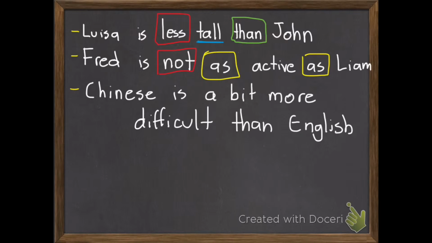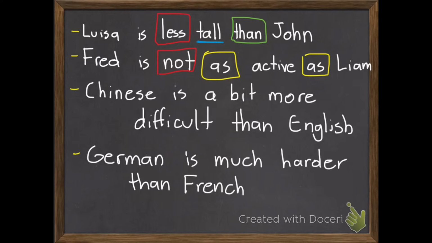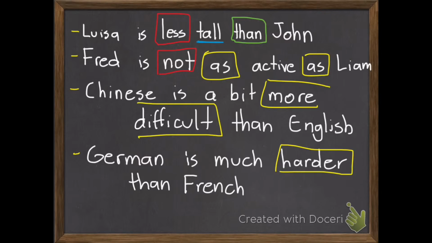So let's look at another one, also talking about languages. German is much harder than French, or much more difficult than French. Here the comparative adjective is harder. In the previous one, the comparative adjective was more difficult. So we have modified them by adding a bit or much before them.